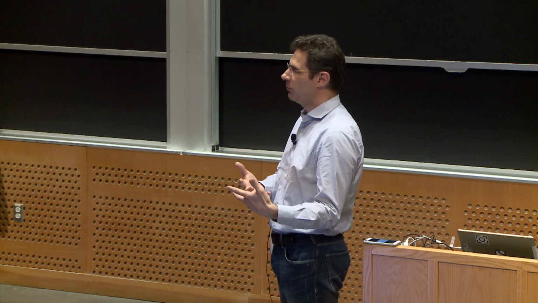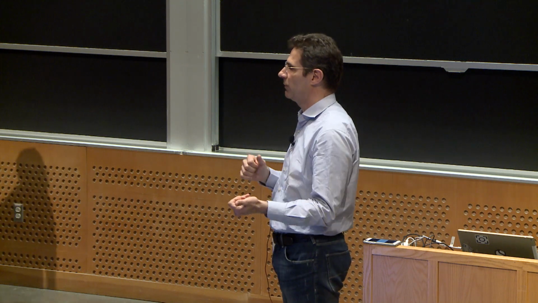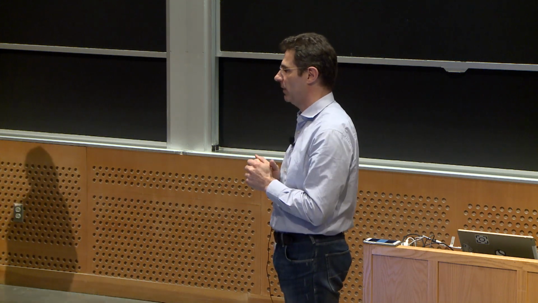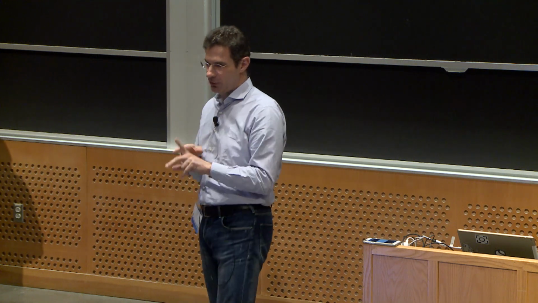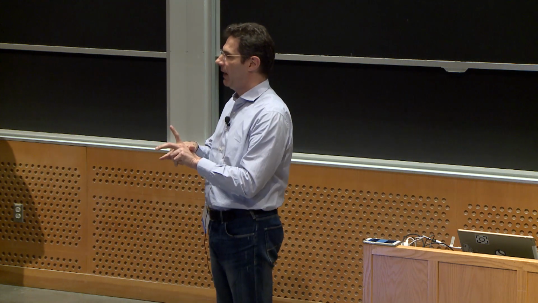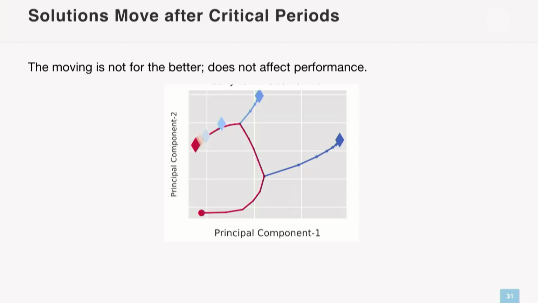So if you're stuck in a minimum, which one is it? Is it the second one or the first one? Because there are two different loss functions, right? But it turns out that if you look at, for instance, here's a plot of the two principal components one against each other after critical periods, you see that the solution actually moves, and moves quite a bit. It just moves in a way that doesn't help, okay? So it doesn't affect test loss.